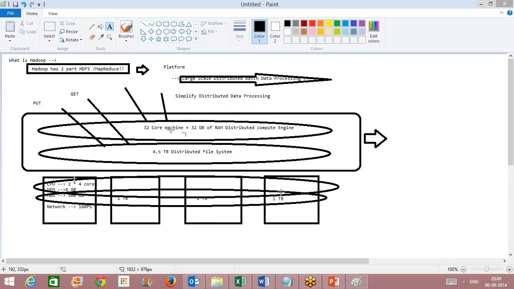You submit a job, and unless the job continuously fails multiple times, it will not really fail. It will make multiple retries to solve the problem. I hope that helps. It is such a distributed, simplified technology that you start loving it after a certain time. It is such a cool technology.